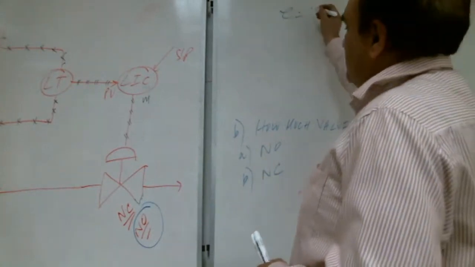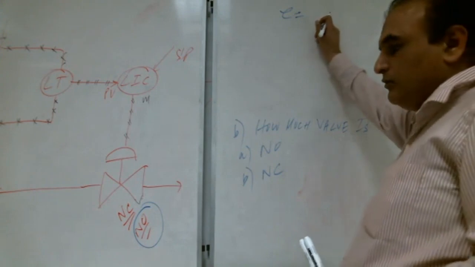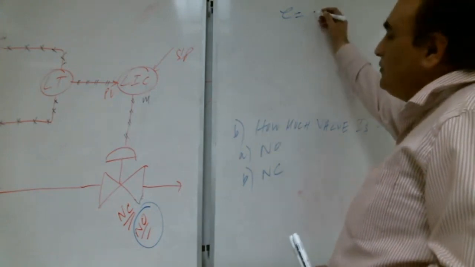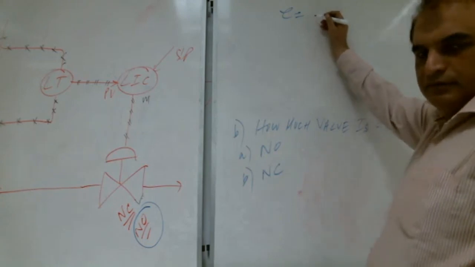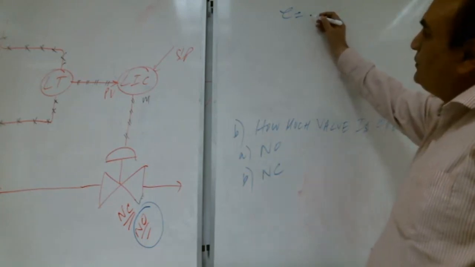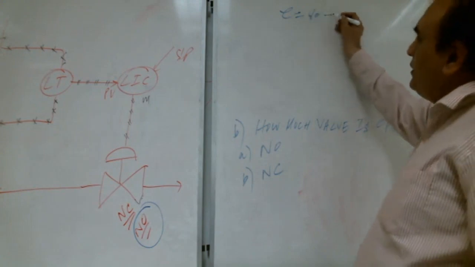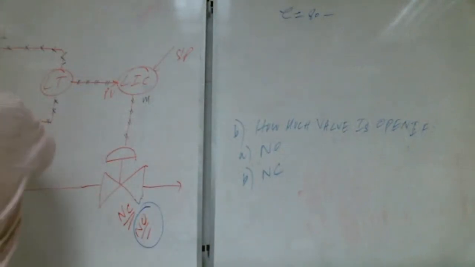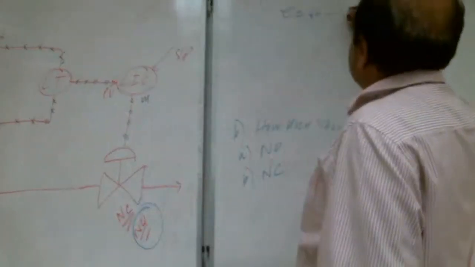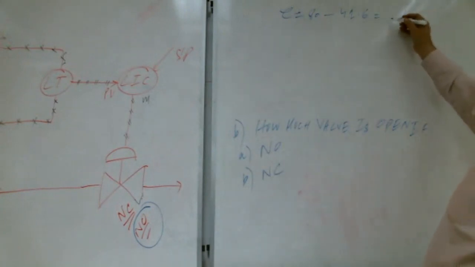What is the error for the reverse action? SP minus PV. How much is SP? 80. And what is PV? 41.6. So how much? 38.4%.